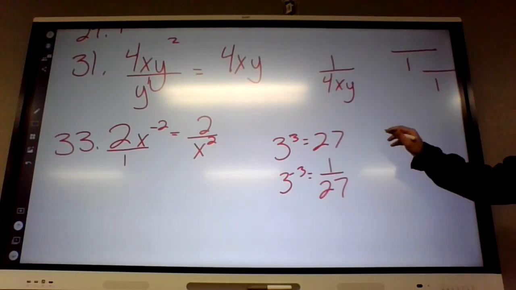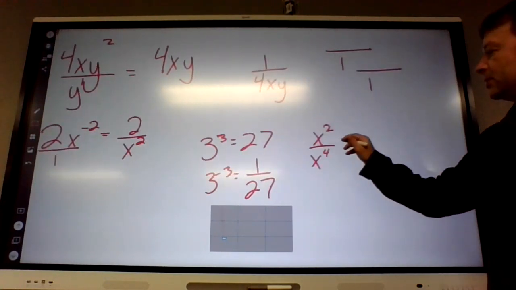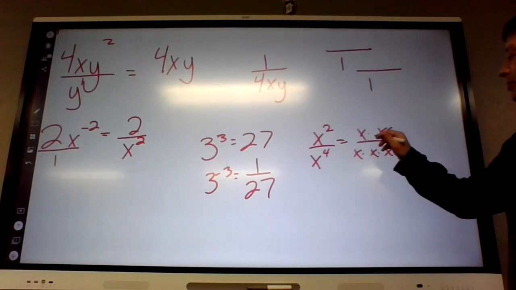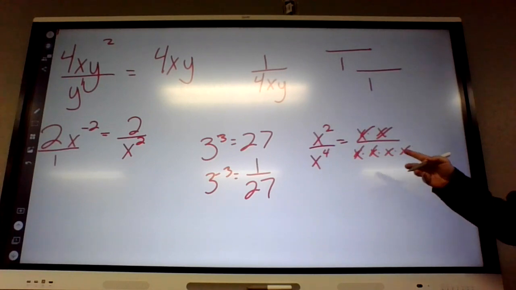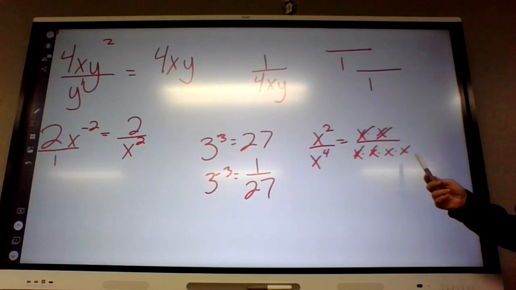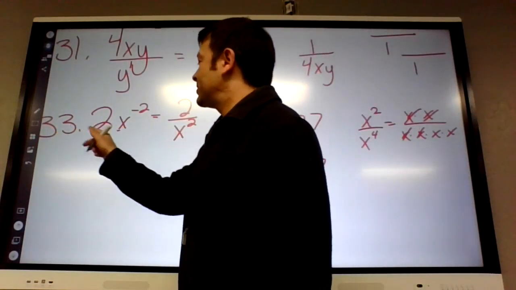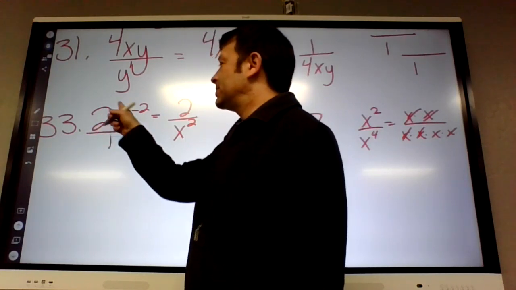Remember earlier it said x squared divided by x to the fourth, right? That equals x squared on the bottom. So x to the negative 2 means x squared in the denominator on the other side. This doesn't look like a fraction at first, but if I wrote it as a fraction, this is in the numerator.